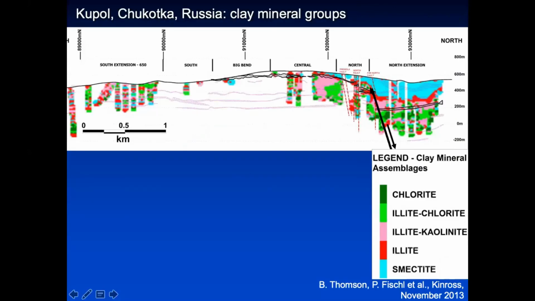And that's due to a fault, down-faulted part of the northern extent of the vein. And we see this also in the alteration mineralogy with the chlorite and illite associated with the main ore body, down-faulted to the north, and at shallower levels, this zone of lower temperature smectite alteration.